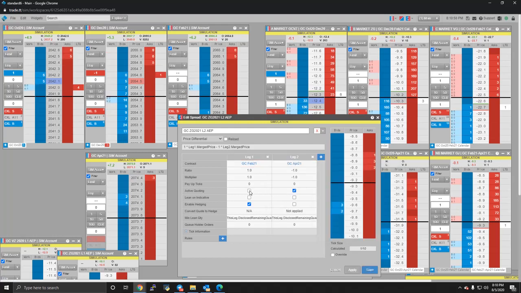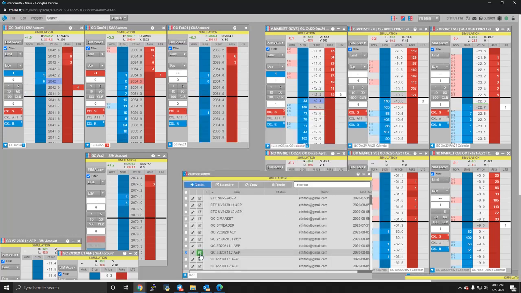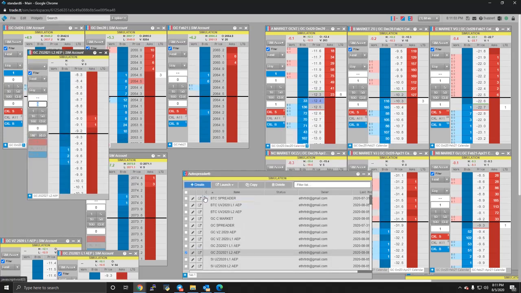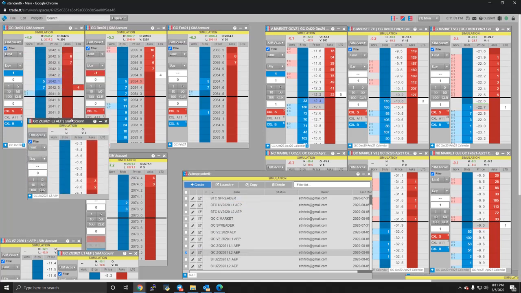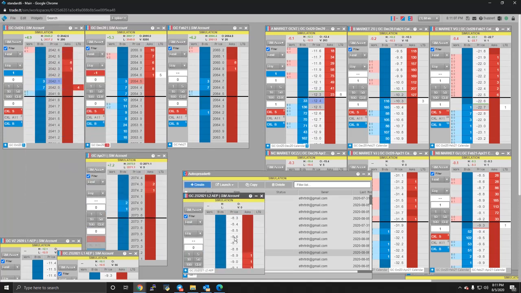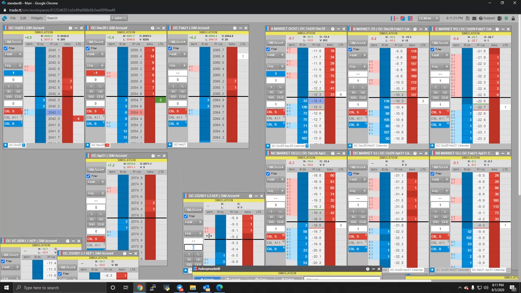Okay, let's quote in both legs. Actually, let's just quote in April, and I can launch this algorithmic execution portal, and I can bid and offer. I will bid at. Okay, so let's clear everything else out of the way that we really don't need.